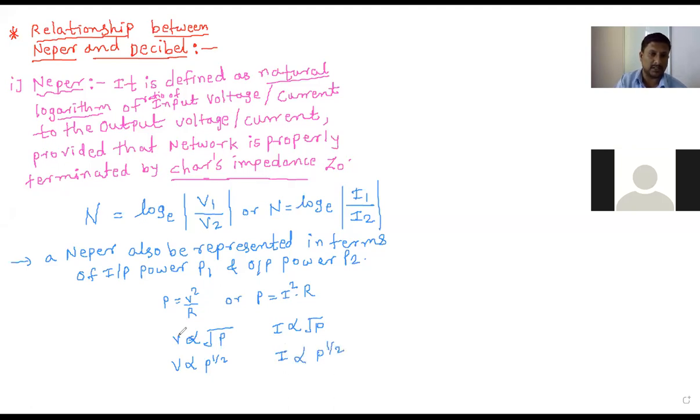So instead of V1 we can replace it by P1 raised to 1 by 2, and similarly I1 by P1 raised to 1 by 2.